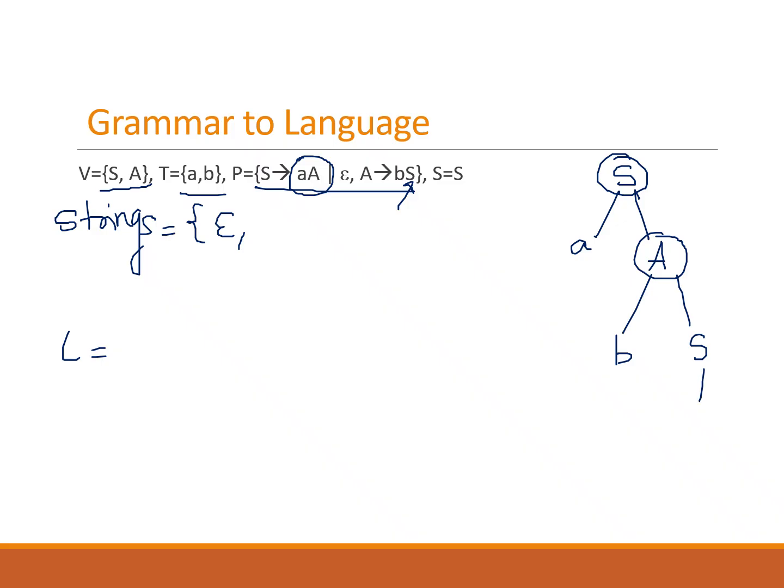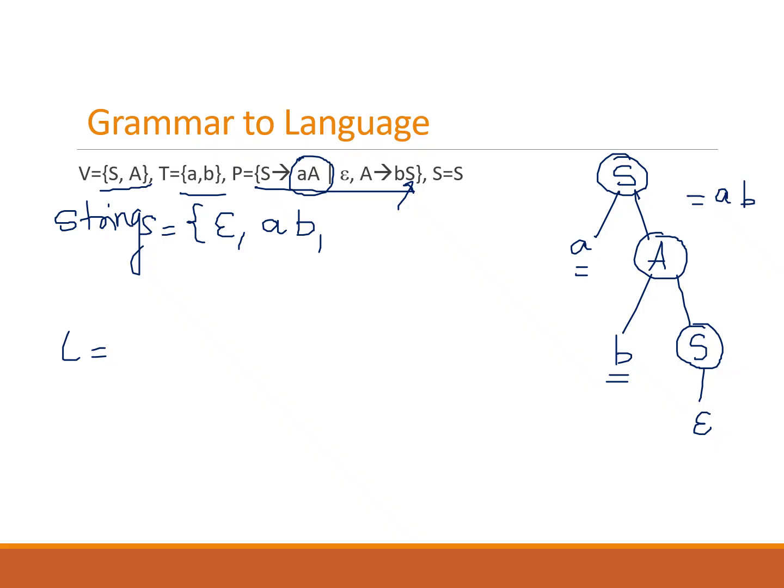And now in the next step, let us make this S epsilon. So epsilon means nothing. We are just terminating this non-terminal, and the string which is generated here is AB. So the first minimum string that this grammar generates is AB.